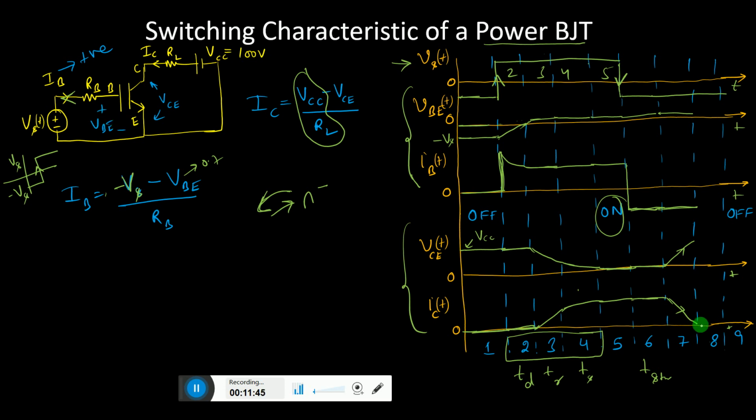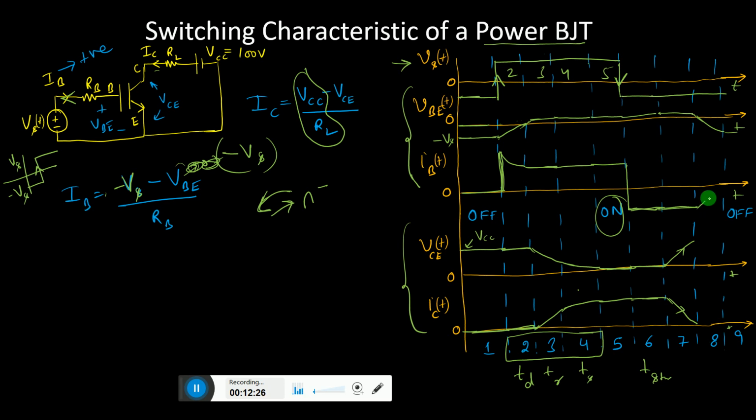But now in stage 8, once the supply current is blocked, this current is no longer coming in, and the voltage across the collector emitter has developed to VCC. Then the base current will come down to 0, because the base emitter voltage will now develop to minus Vs. So if VB is minus Vs, then IB is equal to 0.